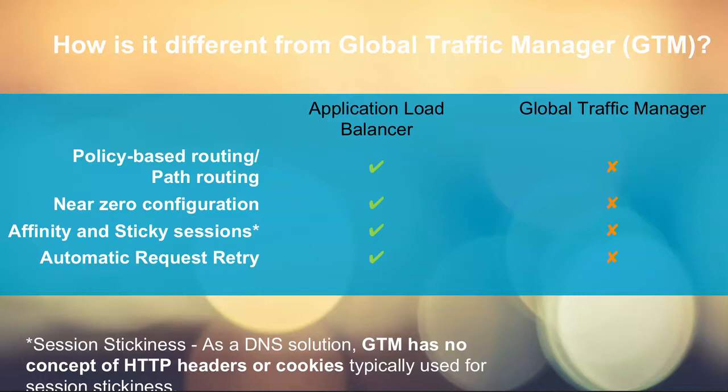Automatic request retry: we don't decide that the data center goes down just based on a couple of failures. We retry multiple times before we conclude that the data center is down and start rerouting traffic. We also keep checking in the background to see if your data center is up or not, and accordingly start dividing traffic again.